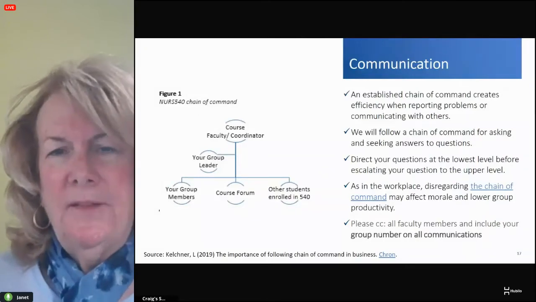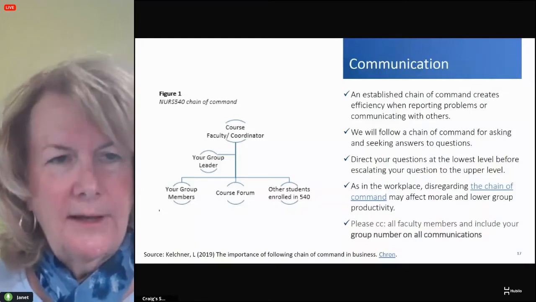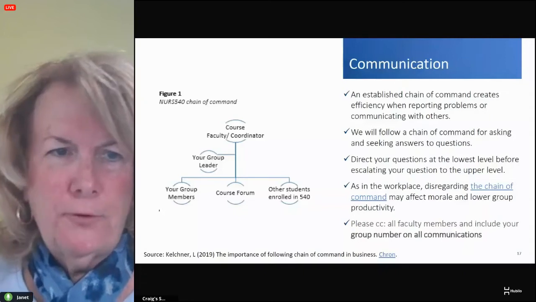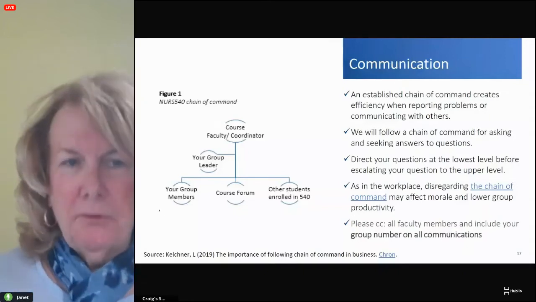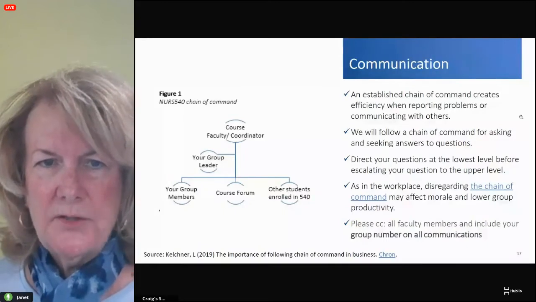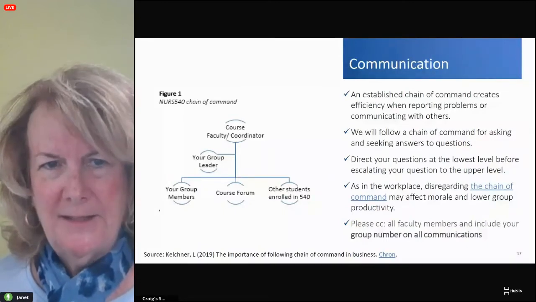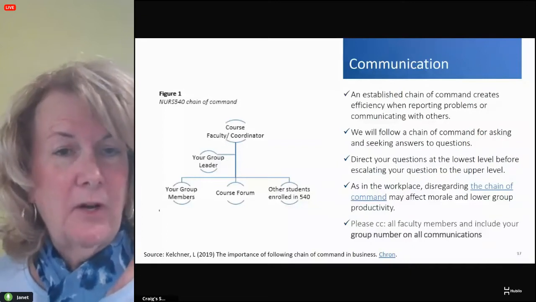How am I going to rein this in? I'm going to share with you in an upcoming slide how I organize course forums and threads and direct them to post their questions onto the course forum. And you can see that it's like a chain of command that I expect them to follow.